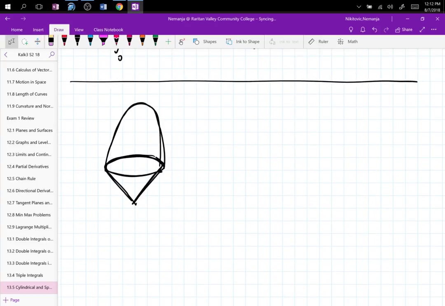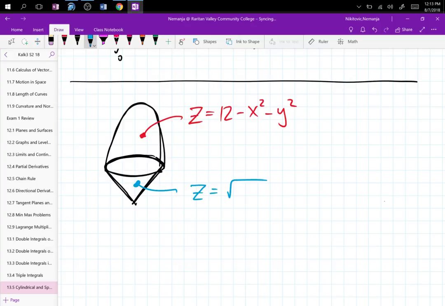So let's have some equations for this. The top is given by z equals 12 minus x squared minus y squared. Bottom, how about we do blue? Bottom given by z equals square root of x squared plus y squared.